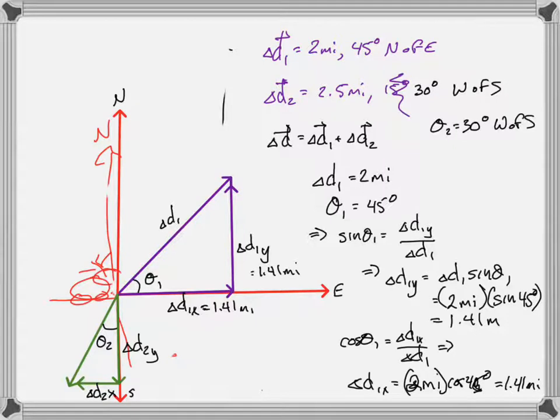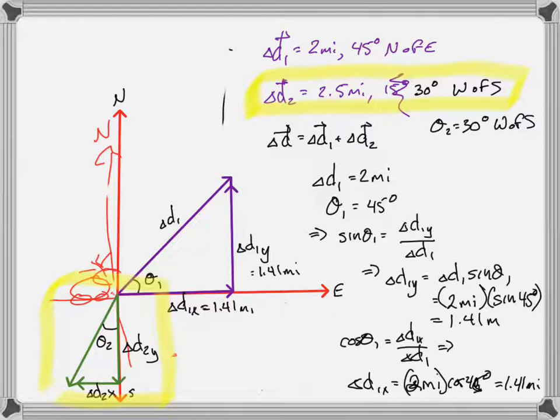Just to make sure we understand, this is the vector, and I'm trying to figure out its components. You should not be writing in the corners like me, but let me write in blue as if I'm writing on the next page.